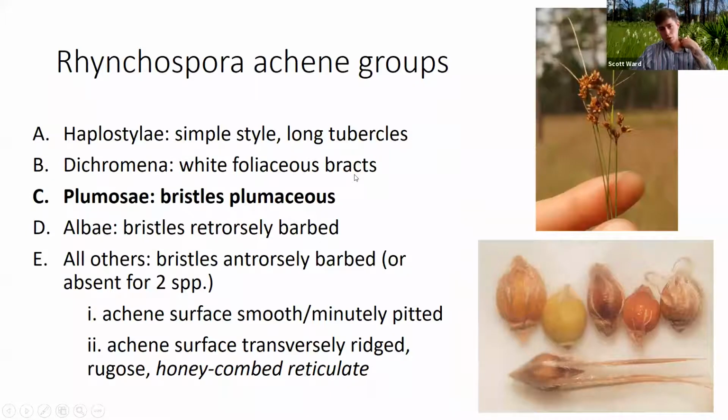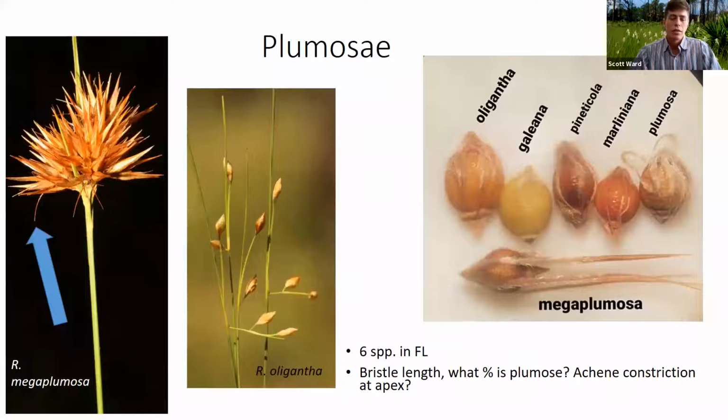Okay, moving on to, in my mind, the most showy of the achene groups, the Plumosae. This is a really cool group and found in a variety of habitats, everything from basically scrubby flatwoods to seepage slopes. It covers the gamut of habitat types. You can see here in this picture of Rhynchospora megaplumosa, a relatively newly described species. I mean, not super recent, but it wasn't known about for a while.